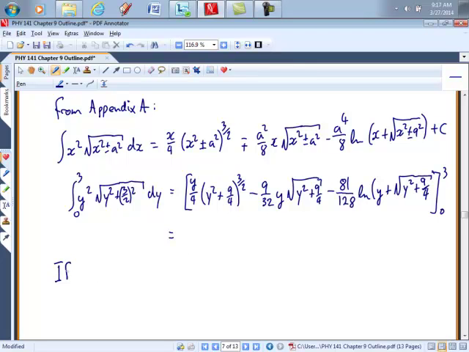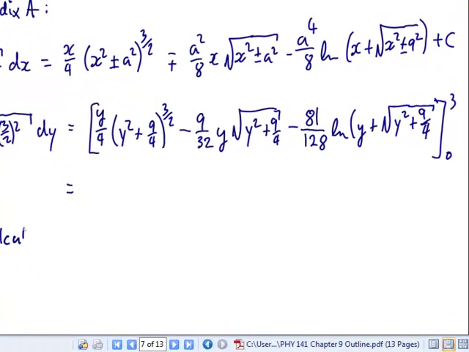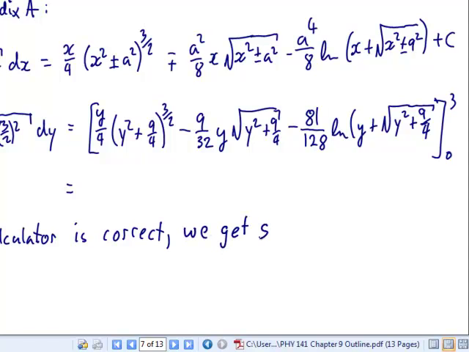So if our calculator is correct, we get something around 1.20 feet.